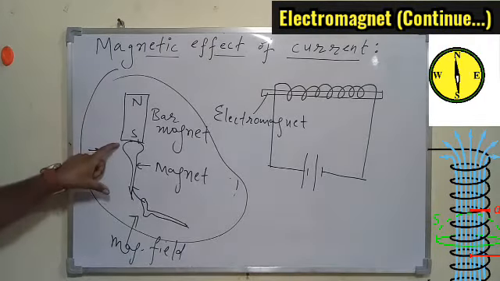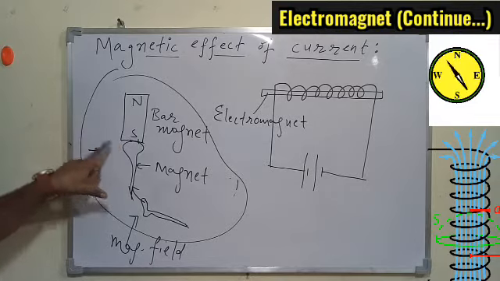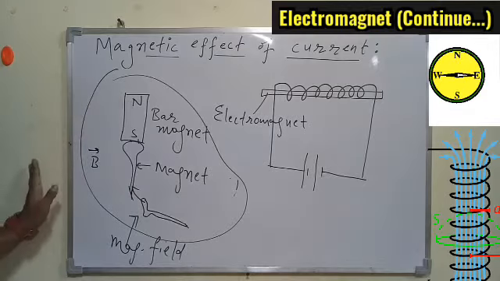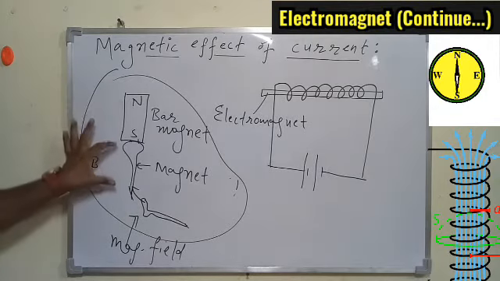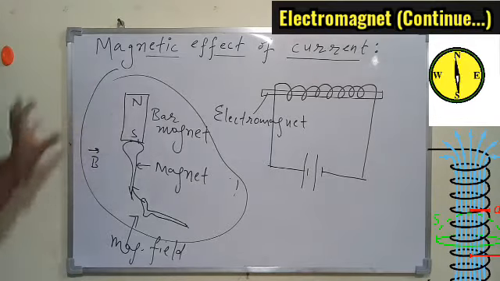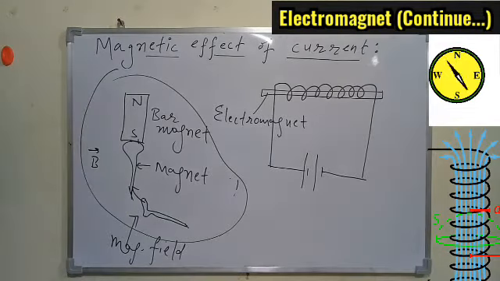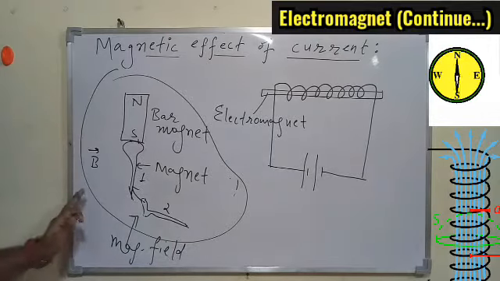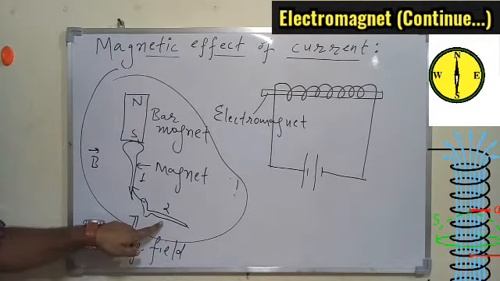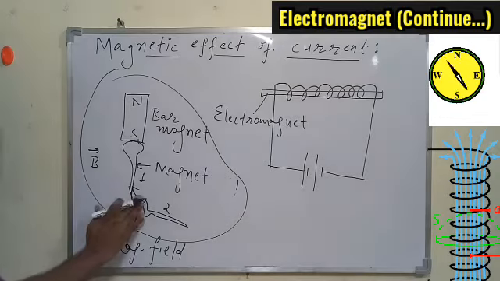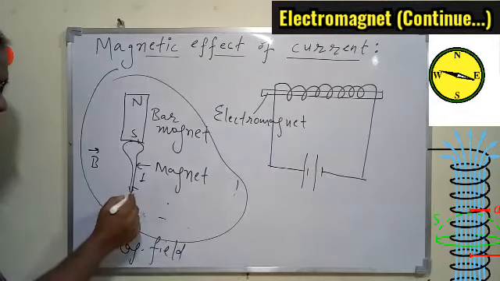Since this has been converted into a magnet, it will also have a north and a south pole, and now the magnetic field is produced by both the magnets, the bar magnet and the iron nail. So now the second iron nail is again placed within the magnetic field, it will also get magnetized because of the external magnetic field, and finally it will get attracted by the previous one.